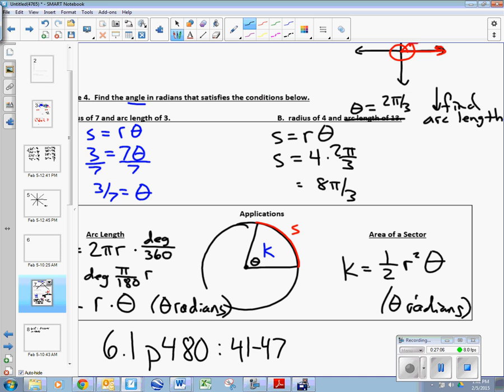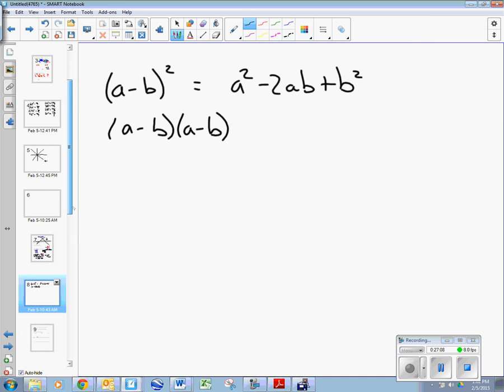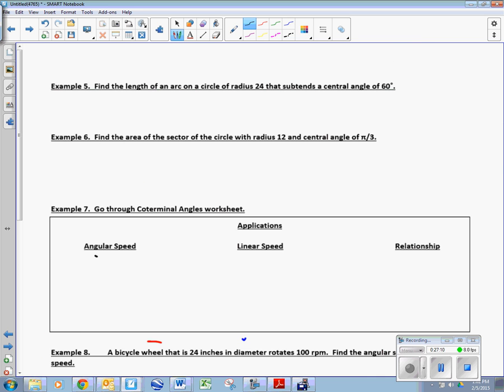Flip it over real quick to the other side. We're just going to do example 5, and we'll call it quits. We're going to find the arc length and the area of a sector of a circle of radius 24 that subtends a central angle of 60.